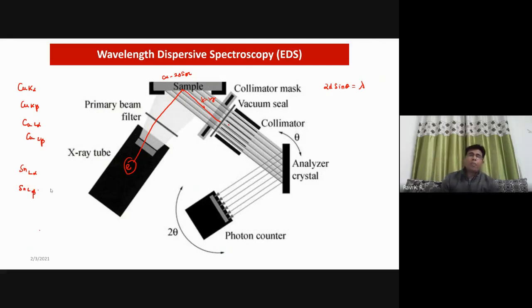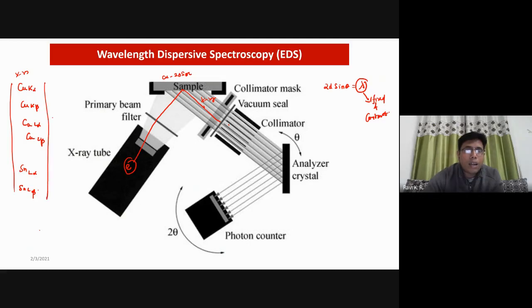Now the problem is that in X-ray diffraction, the lambda is fixed and constant. But here I'm getting X-rays with, let's say, 6 different wavelengths.